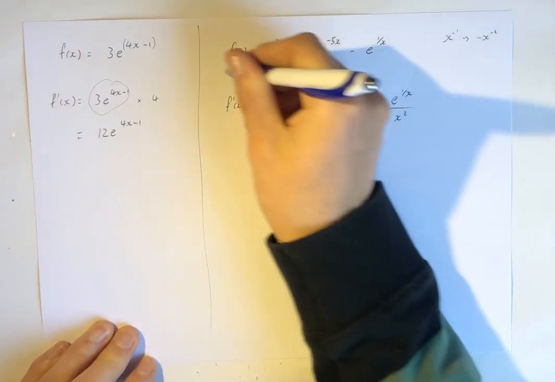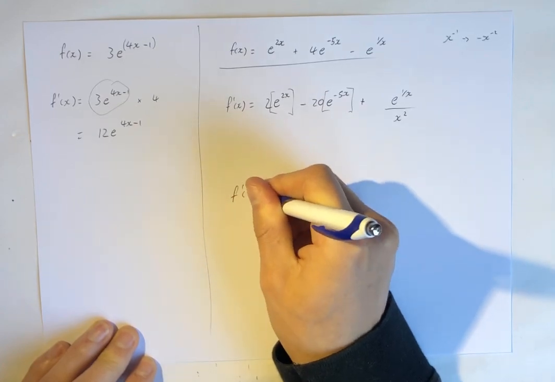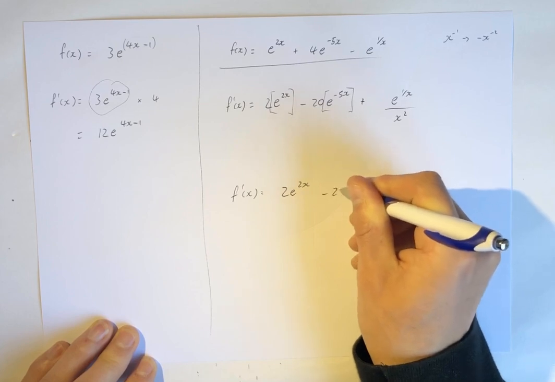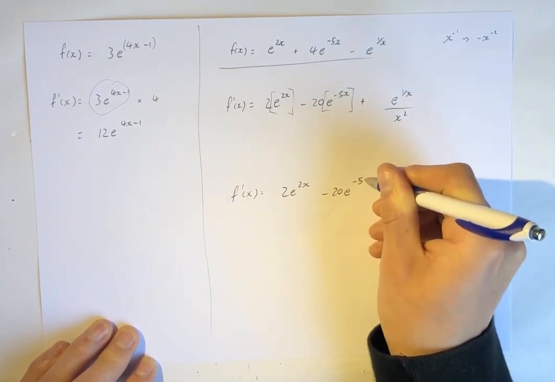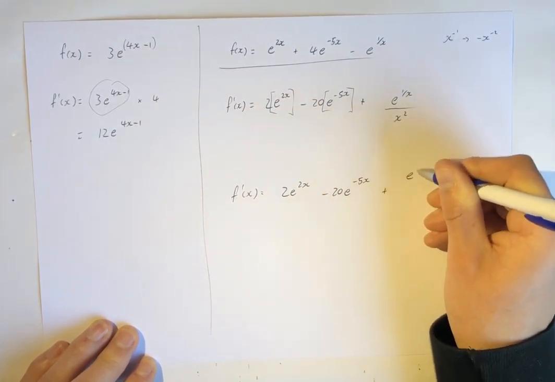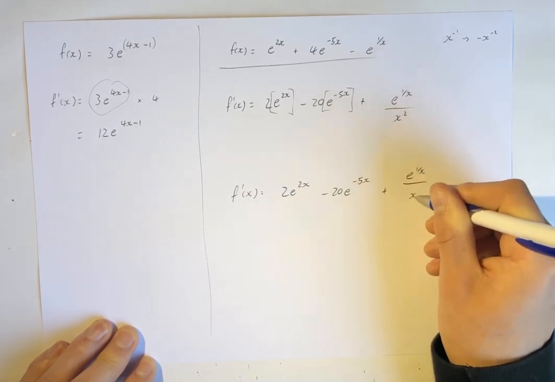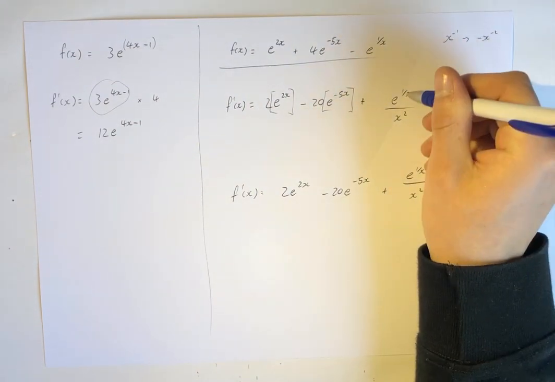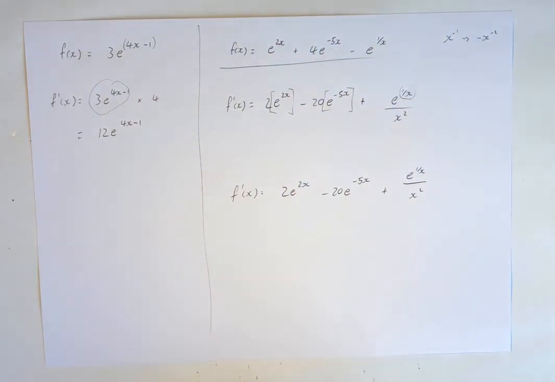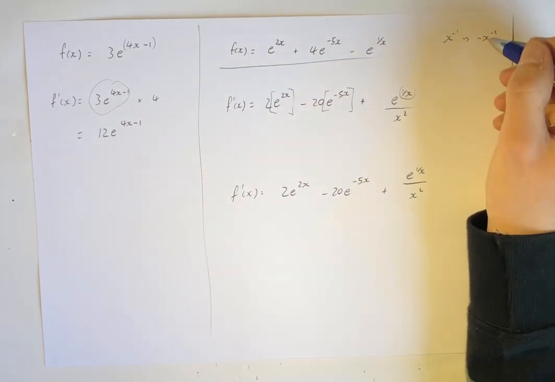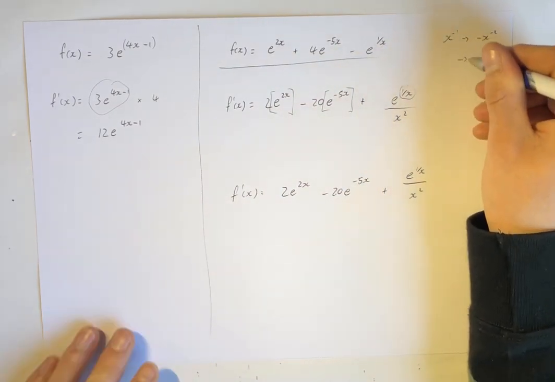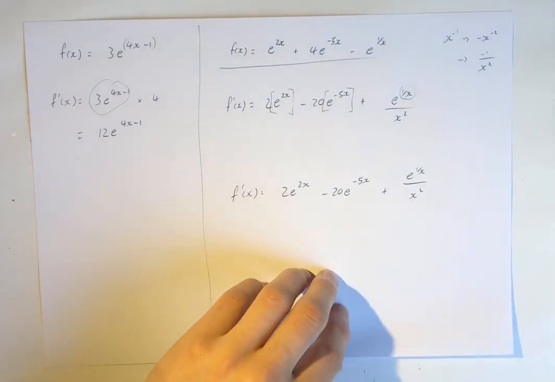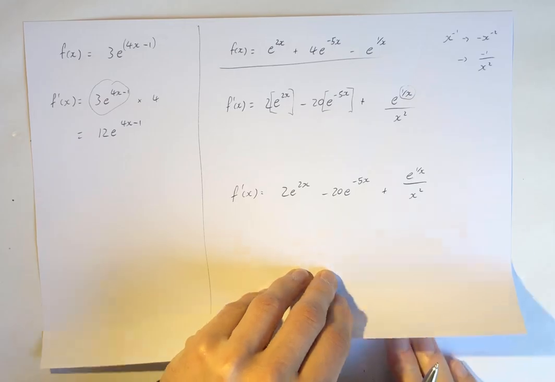So this thing's derivative, or f prime of x, is 2e to 2x minus 20e to the -5x plus e to the 1 over x divided by x squared. Because I had to multiply by the derivative of that thing. And the derivative of that thing was -1 over x squared. So there's a couple of examples from Newton's method.